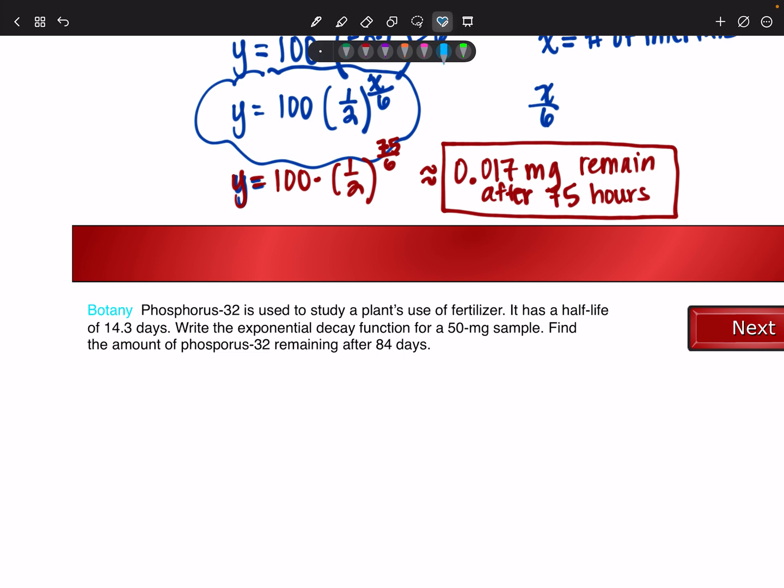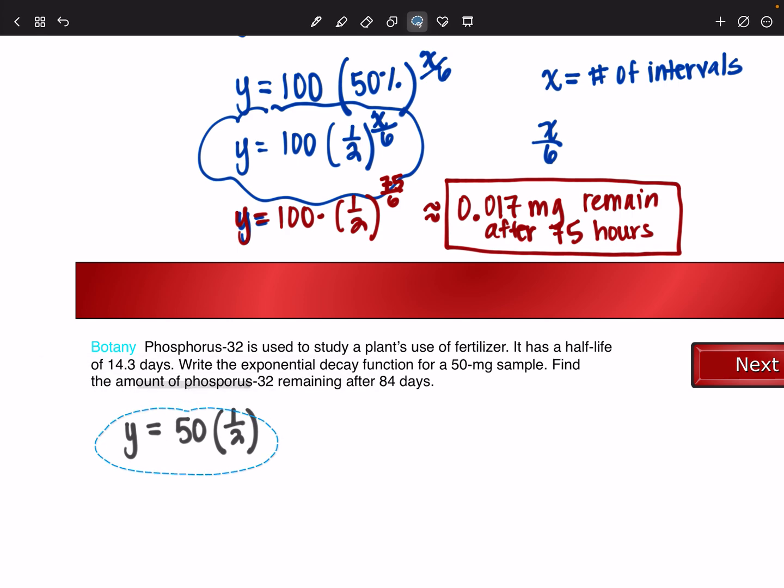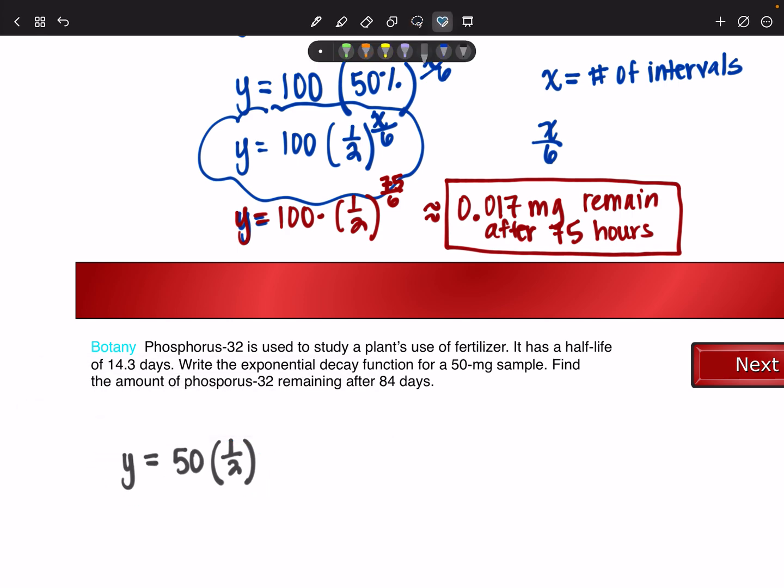And now I'm going to define my variables. So I've got y equals a 50 milligram sample to start with. Half-life means 50% or 0.5 remains. And then I'm going to raise that to the x over 14.3 days, or just x over 14.3.